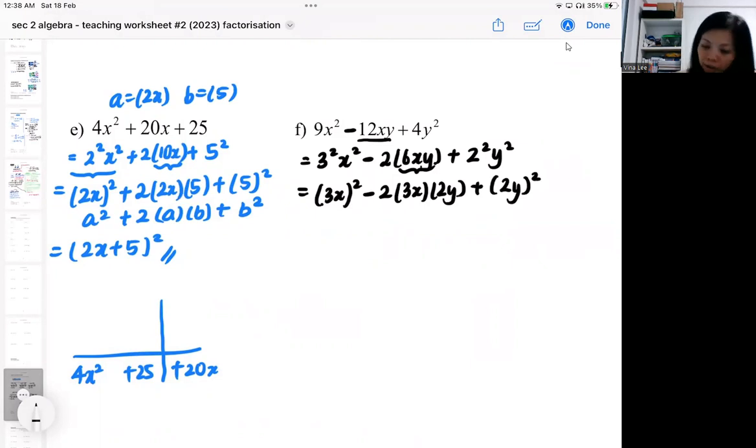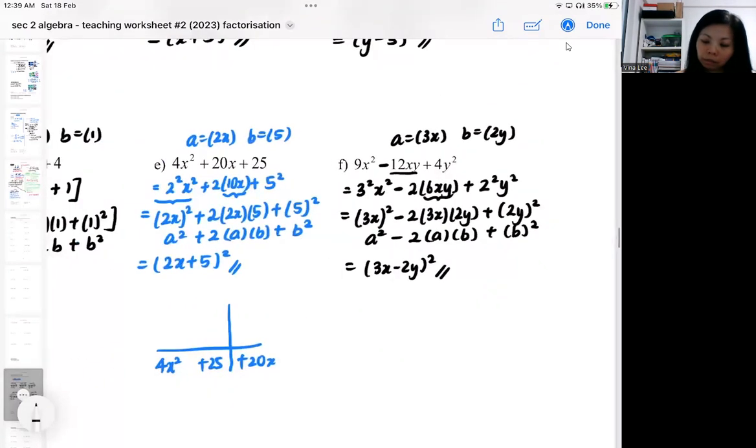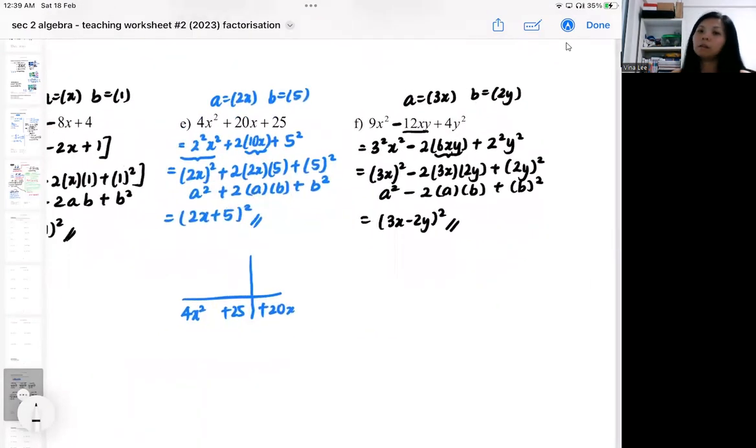If I break it down like this, I will have a squared minus 2ab plus b squared. So my a is 3x, my b is 2y, so I will get 3x minus 2y squared. Again, if you find this challenging, go to your cross method. It will still work.